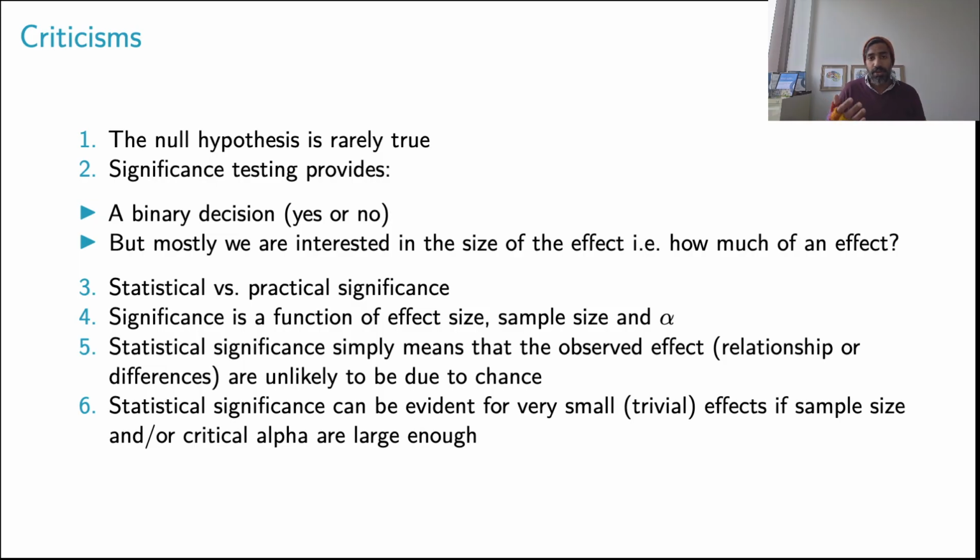Maybe it's 0.1, 0.2, 0.3, very modest relationships, but they exist. So saying that there is no effect is rarely true when we're looking at variables of interest. And significance testing provides a binary decision. So it's yes or no, but mostly we're interested in the size of the effect. How much of an effect is there?